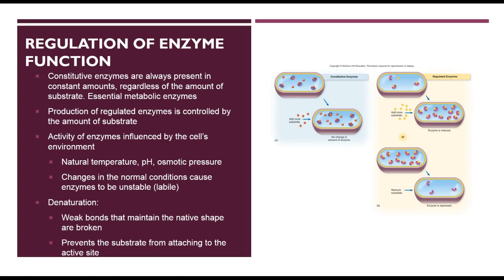And we talked about denaturation in chapter 1 when we discussed proteins. Denaturation inactivates proteins. These proteins lose their native shape. Bonds are broken, and it prevents the normal substrate from attaching to the active site of those enzymes.